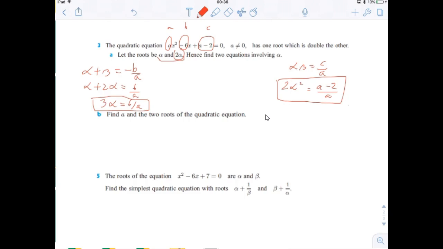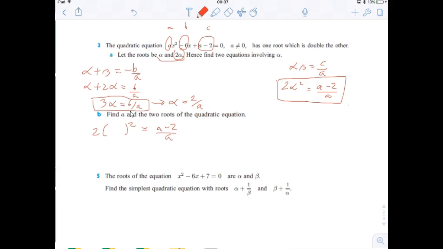So first thing I'm going to do is I'm going to say, okay, let's see, alpha is equal to, I could have simplified this a little bit more, right? 3 alpha is equal to 6 over a, so alpha equals 2 over a, right? Okay. Then I'm going to take alpha equals 2 over a, and put it in the other equation. So I'm going to have 2 alpha squared equals a minus 2 divided by a.